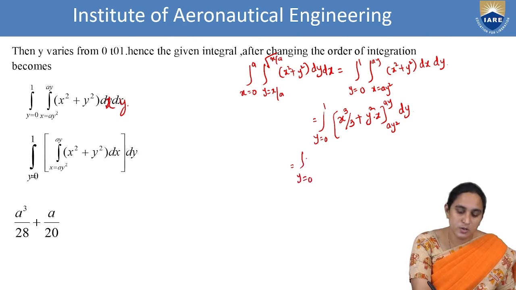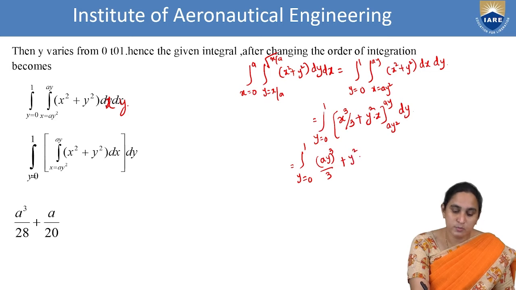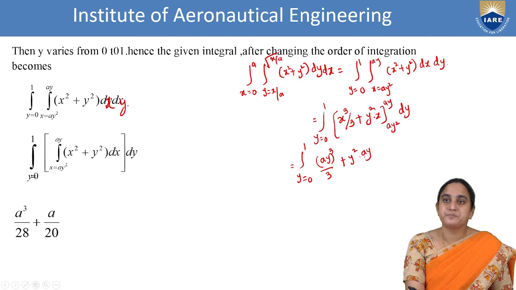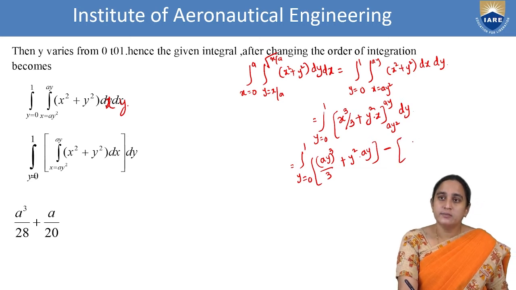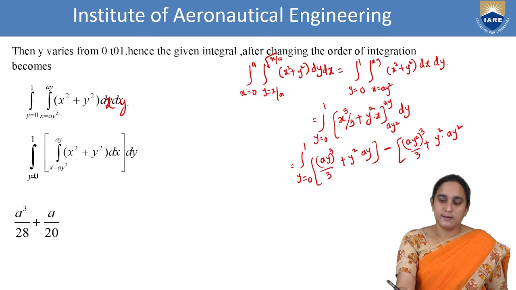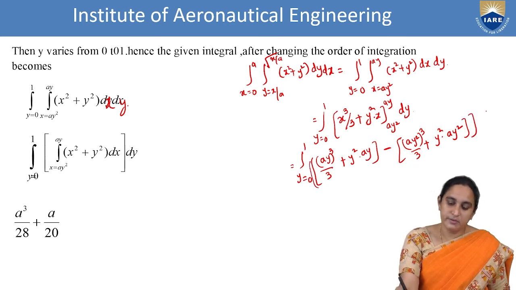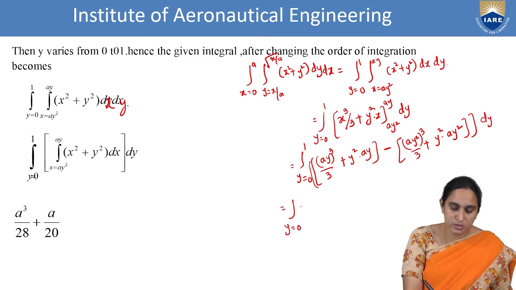The upper point is ay: ay whole cube by 3 plus y square into ay, minus, substituting the lower limit, ay square whole cube by 3 plus y square into ay square, into dy.